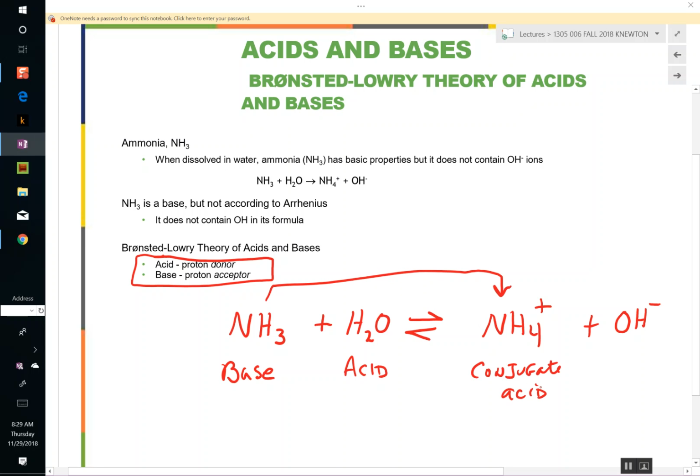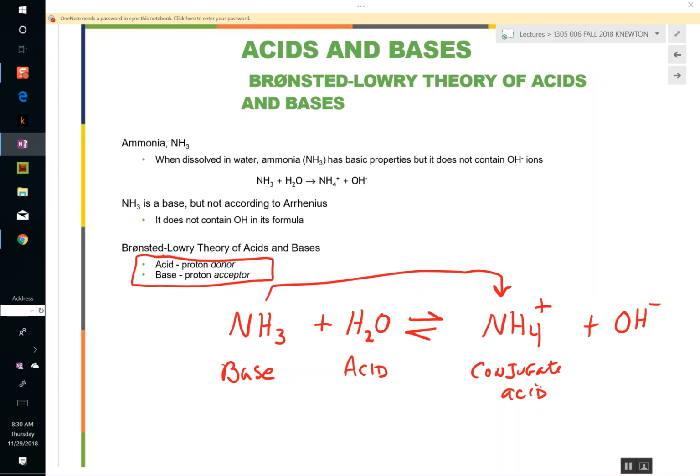Let me try to help you understand what we're doing here. This is a base. It's a proton acceptor. Once it accepts the proton, it could now be a proton donor. It's a conjugate acid. So the NH4 plus ion is more likely to be a proton donor at some point in time than it is going to be a proton acceptor.